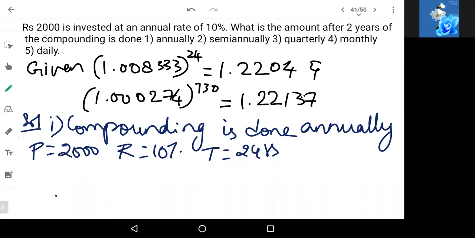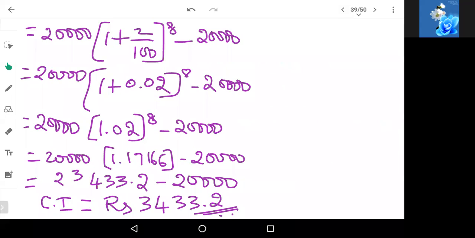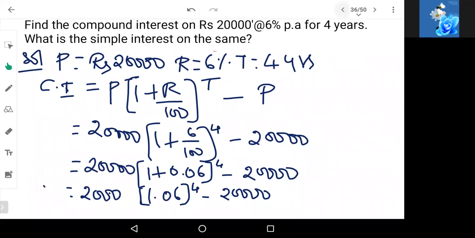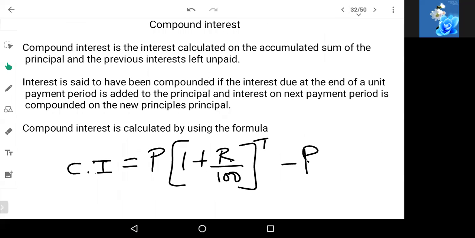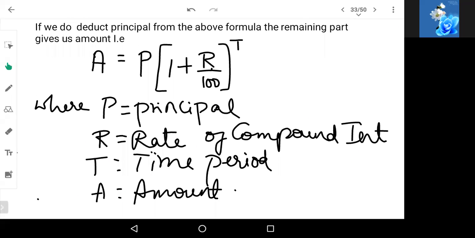Now here, what you have to do is read the question. What is the amount? If you go back to the starting theory that we read and understood, amount is calculated using this formula. In this question we will be using this formula for the amount and calculating the amount directly.